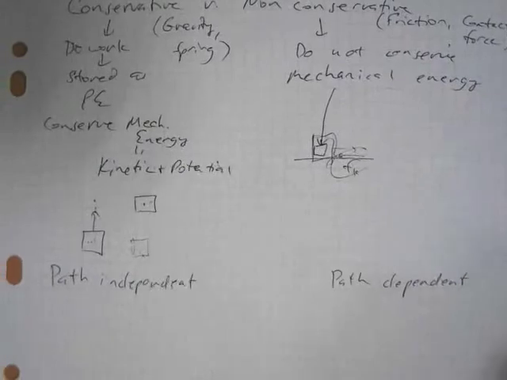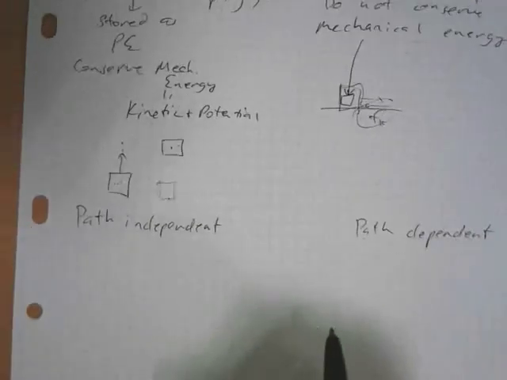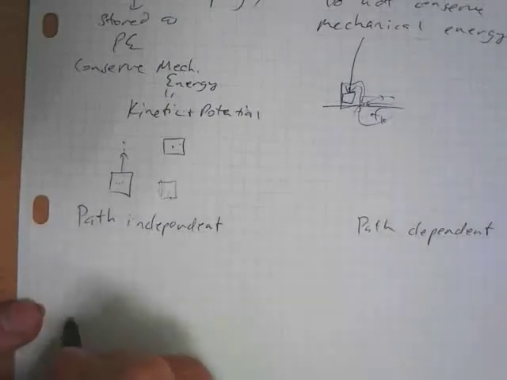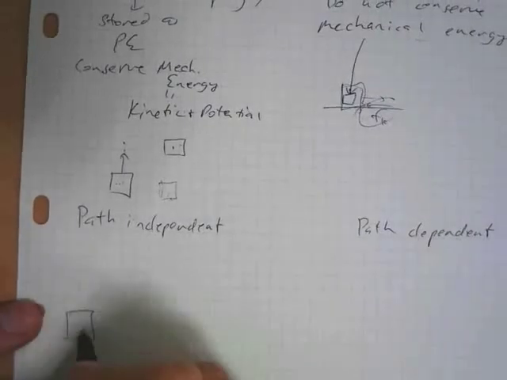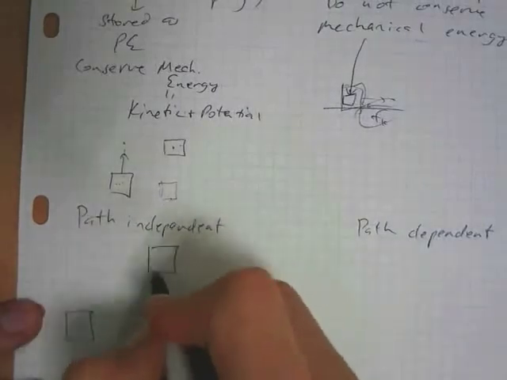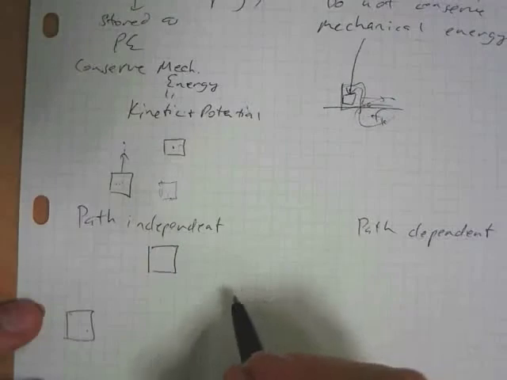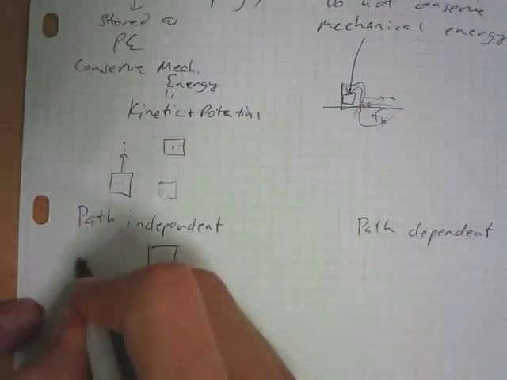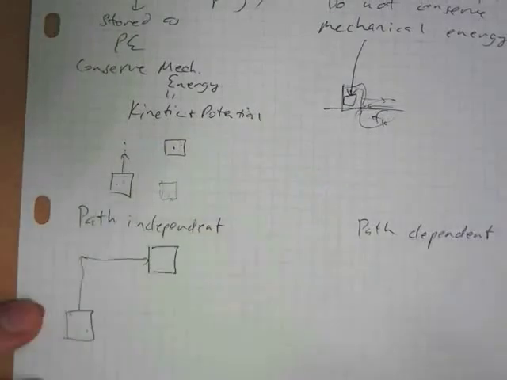To illustrate what I mean, let's think about an example. Let's say I have a box, and I lift this box from here to here. I move it up and over. Let's say I go straight up and then straight over. Say that's how I get the box there.